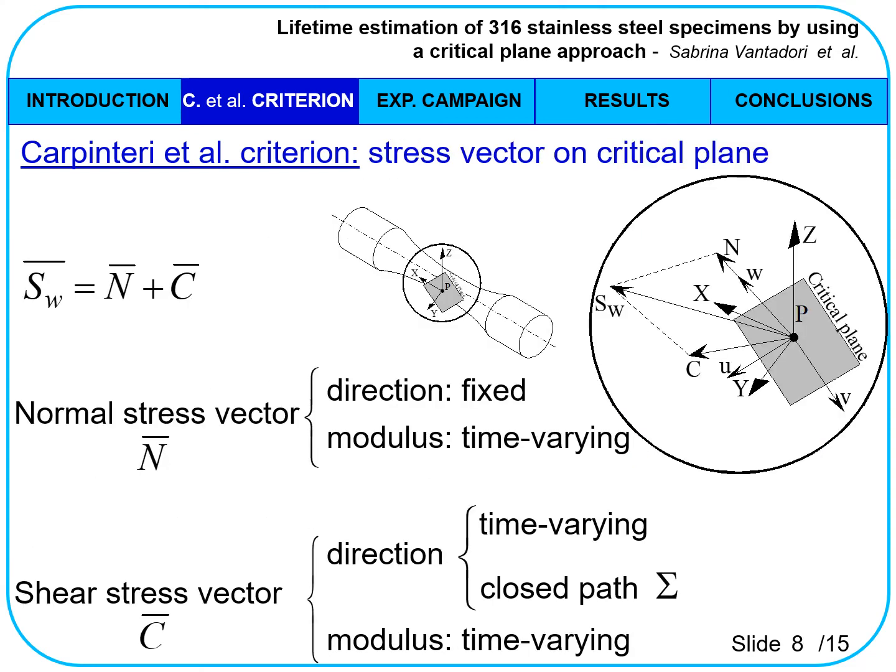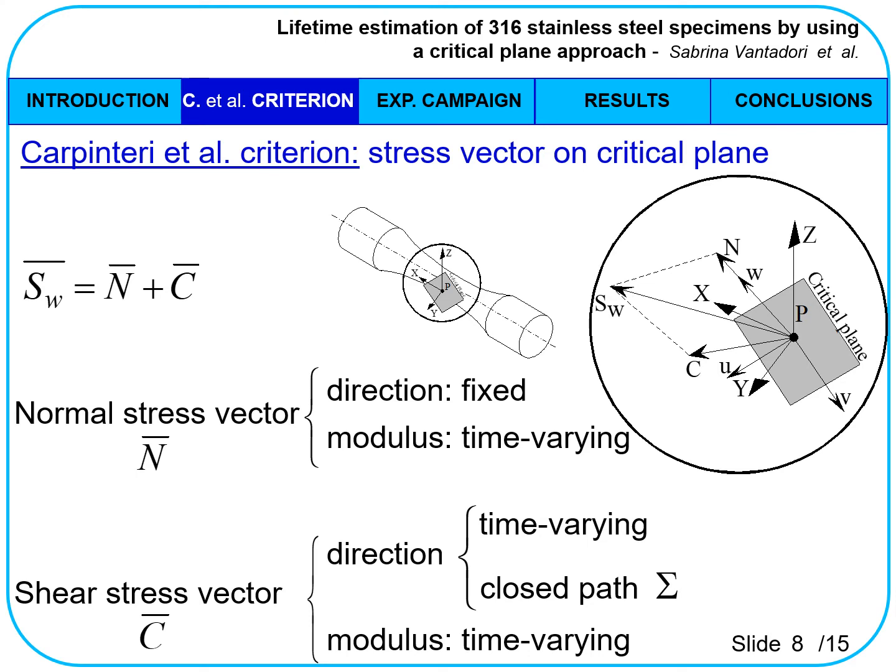At each time instant t, the stress vector s_w related to the above critical plane orientation may be decomposed in two components, that is, the normal stress vector n and the shear stress vector c, perpendicular to n, lying on the critical plane, respectively.